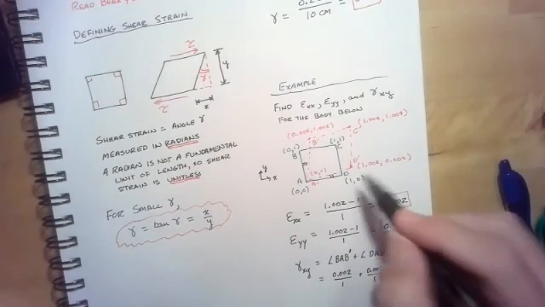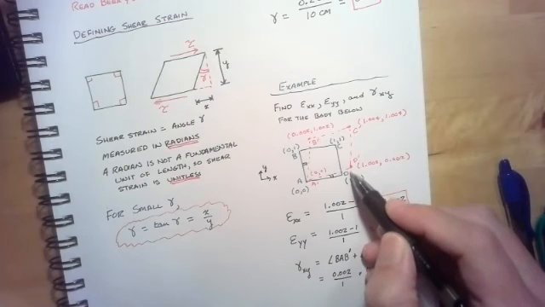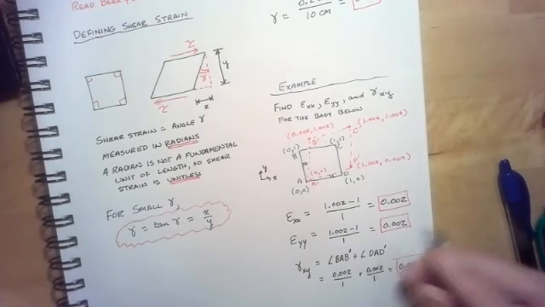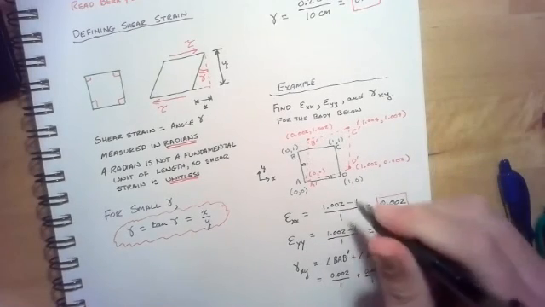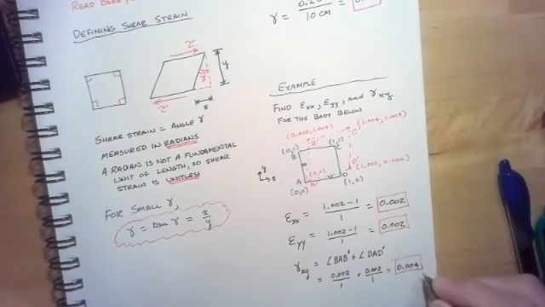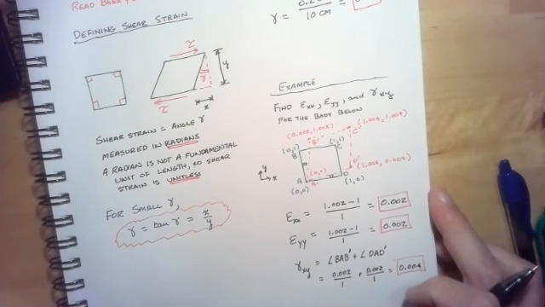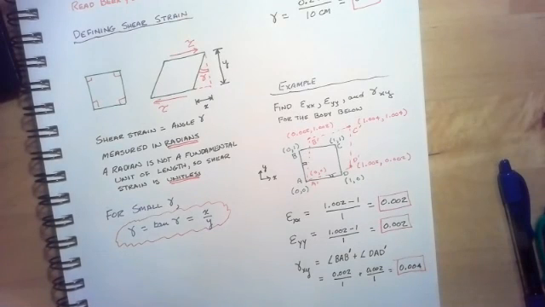BAB prime is equal to the tangent, so that would be 0.002 divided by the original length of 1, plus 0.002 divided by the original length of 1, for a shear strain of 0.004.